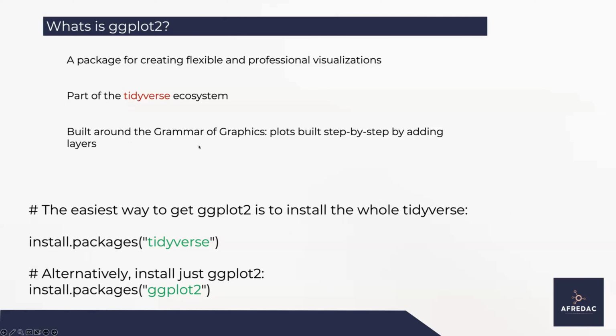GG means the grammar of graphics, and it's what we call a layered way of building graphics, because you build these graphics layer by layer. You add layers on top of the other, and we'll see what these layers constitute.